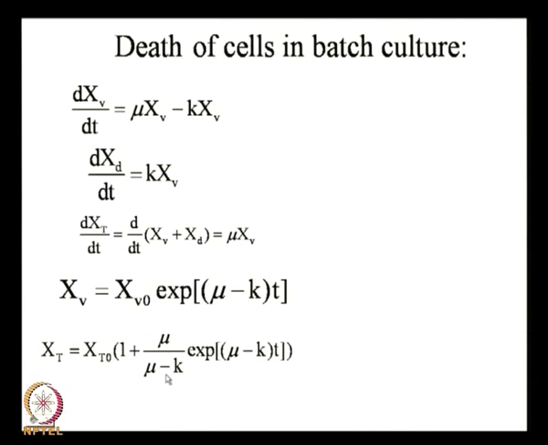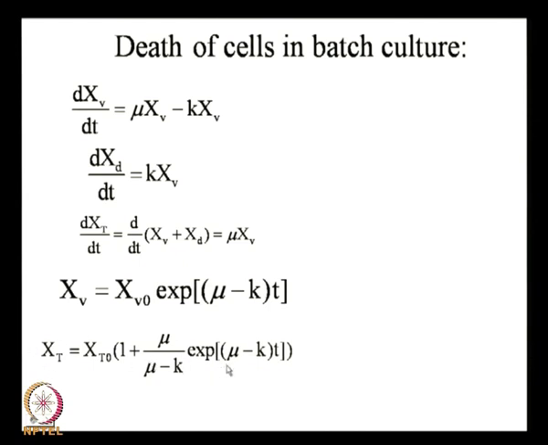Now what does this number depend on? Whether there is going to be a stationary phase or a decay, how do you define that? When mu is very close to k, it is more or less in the stationary phase, because this term is kind of 0 and this term is close to 1, so it will be a constant.